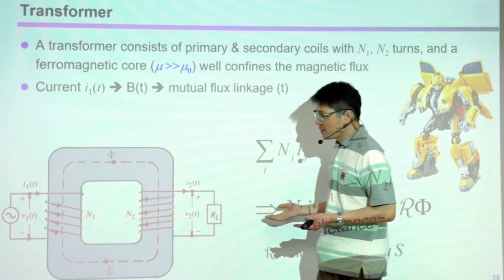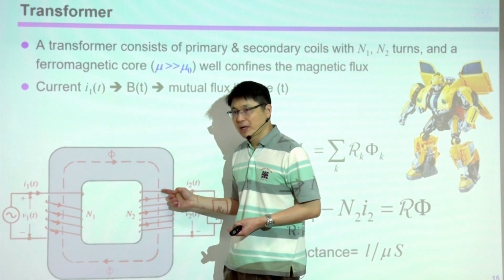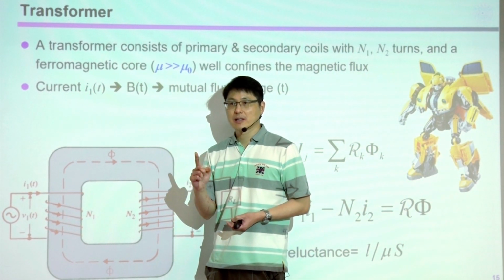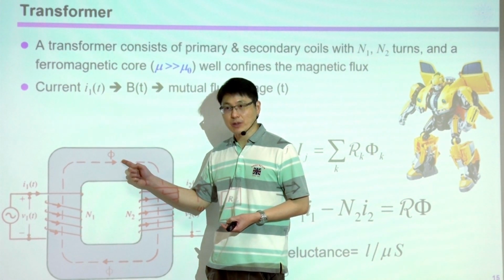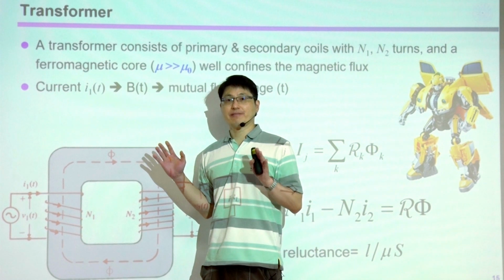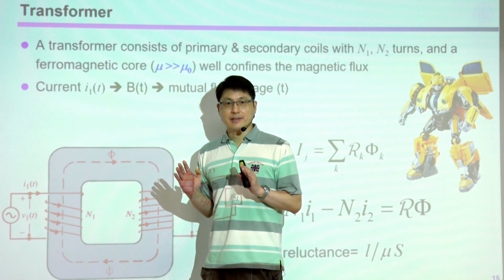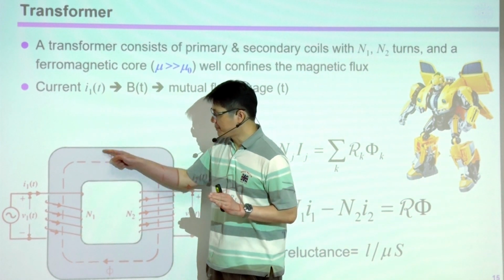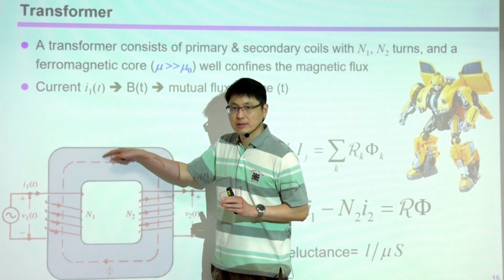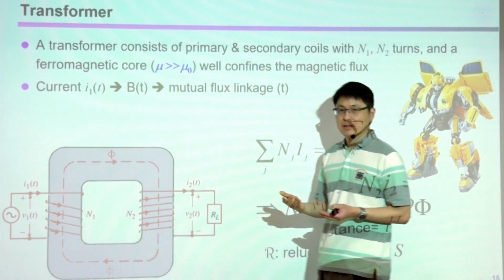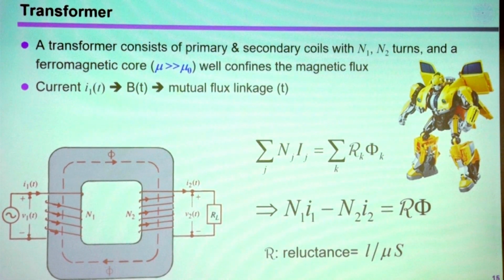This is assuming all the field lines generated by these two coils are completely guided in the core. Right? You have no leakage. If you have leakage, for example, one line is leaking from here, comes back, right? Then you have leakage. If you have leakage, you have to add the leakage flux. Okay?